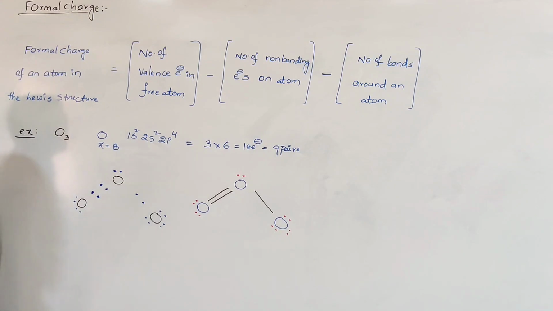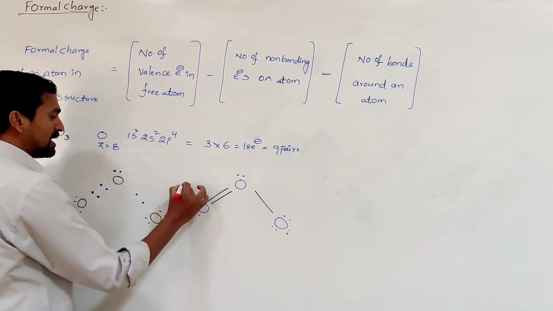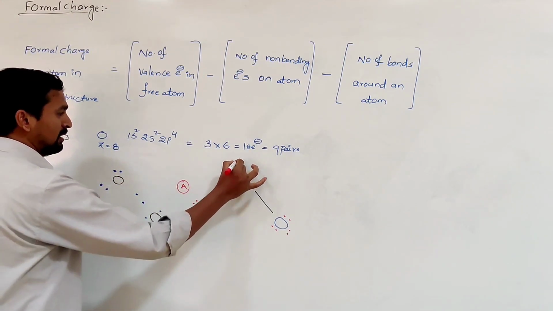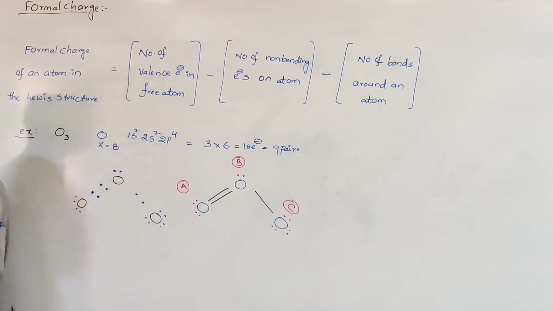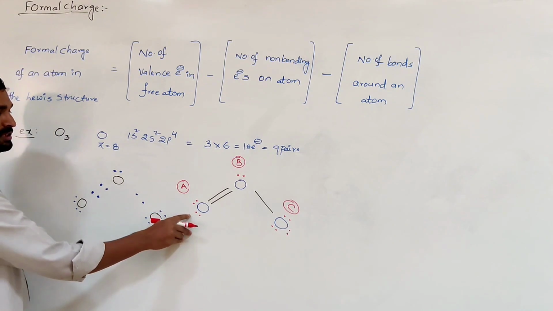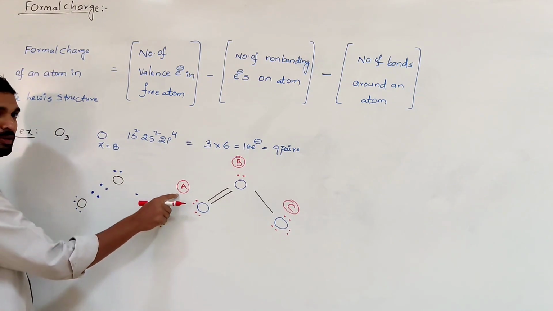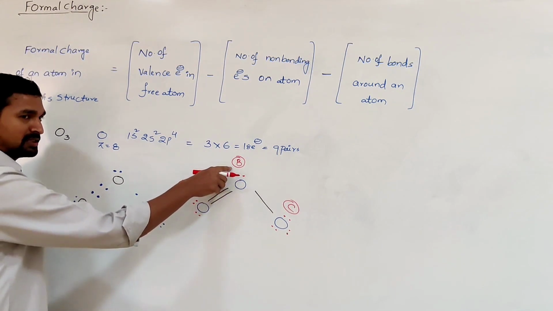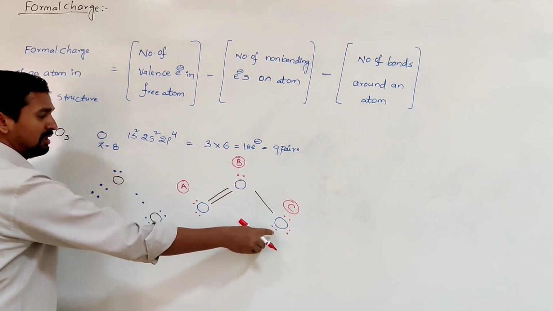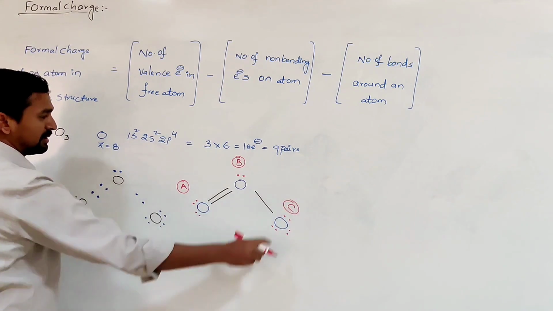Whenever a molecule is made up of different atoms, there is no need to label because it is not possible to confuse. That's why here I label this as A oxygen, this is B oxygen, this is C oxygen. First we can calculate the formal charge of oxygen atom A, then oxygen atom B next. After that we can calculate the formal charge of oxygen atom C.